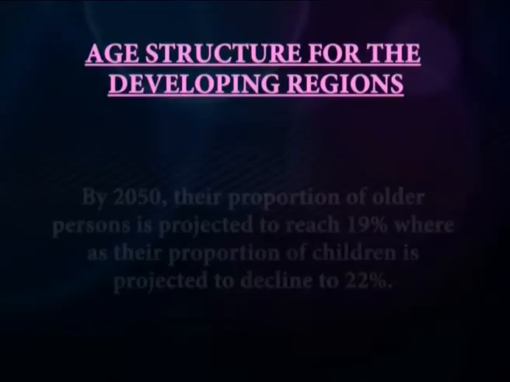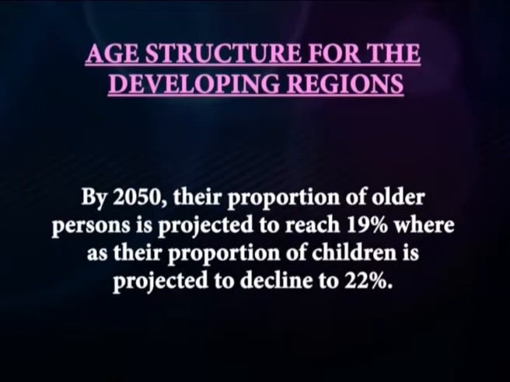However, a period of more rapid population aging lies ahead for the less developed regions. By 2050, their proportion of older persons is projected to reach 19%, whereas their proportion of children is projected to decline to 22%. After 2050, population aging in less developed regions will continue but at a slower pace.